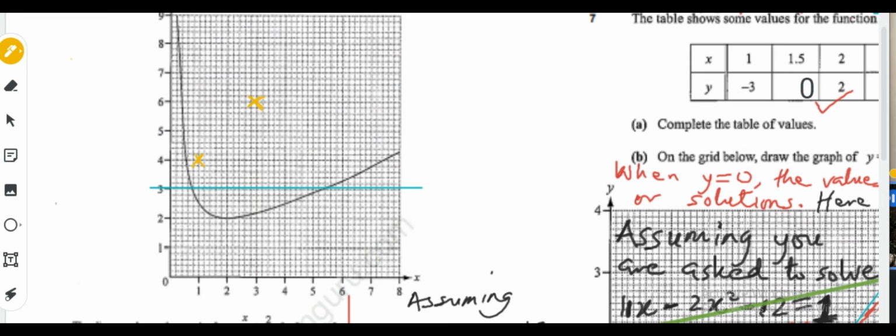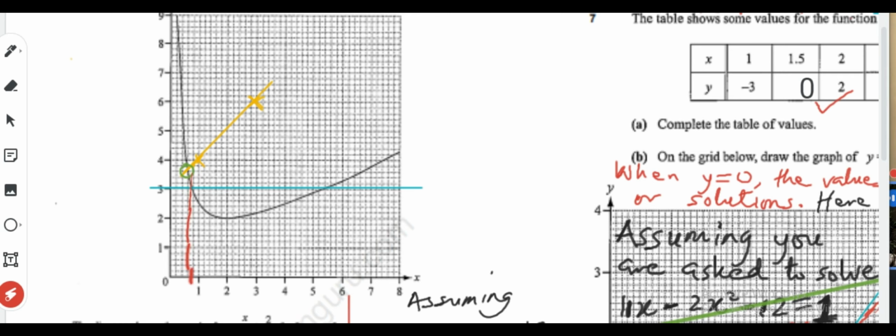So all we need to do is join these 2 points. We have just joined these 2 points like this. Wherever it cuts the graph is the answer. This point where it cuts the graph, you trace it down to the x value.